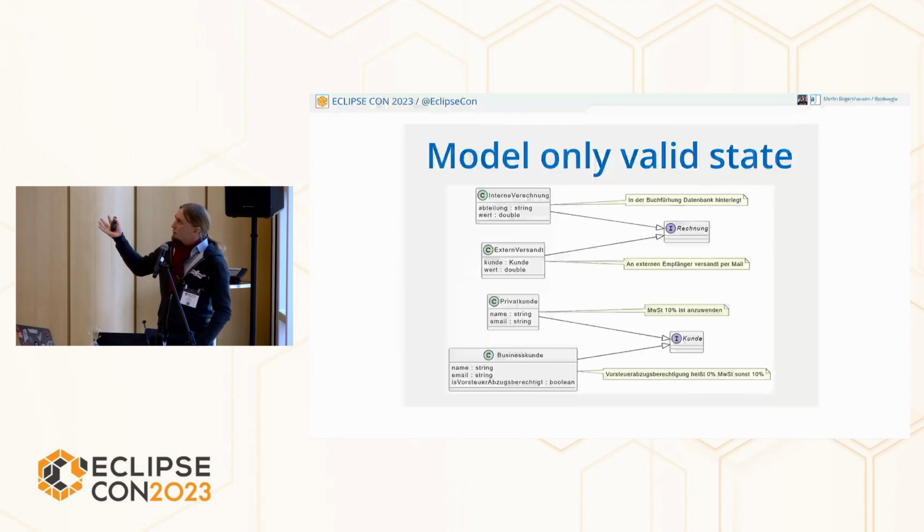So we have our model, we put it into code. I said there are choices for Privatkunde and business customer and internal, external invoice. We model that as an interface. Yes, it is correct that this interface has no methods and no data. It's just the reflection of a type and choice in terms of type.